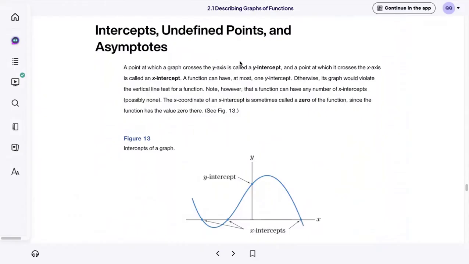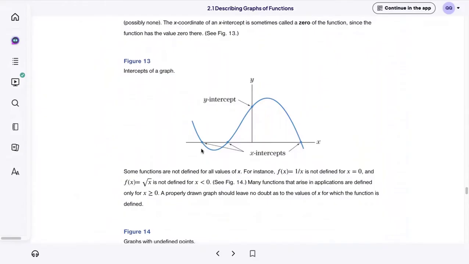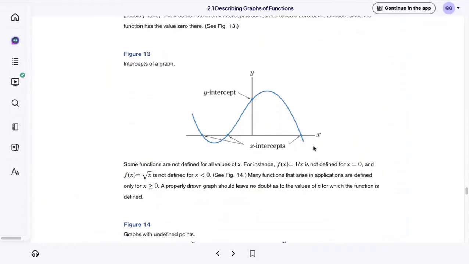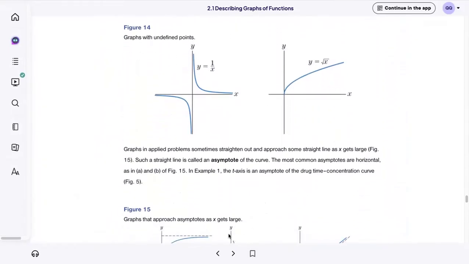Intercepts, undefined points, and asymptotes. So a polynomial function is one piece of string, right? There's no breaking point, there are no asymptotes. But here we see the y-axis, or we call it x equals 0. That's the name of the y-axis in the two-dimensional world.